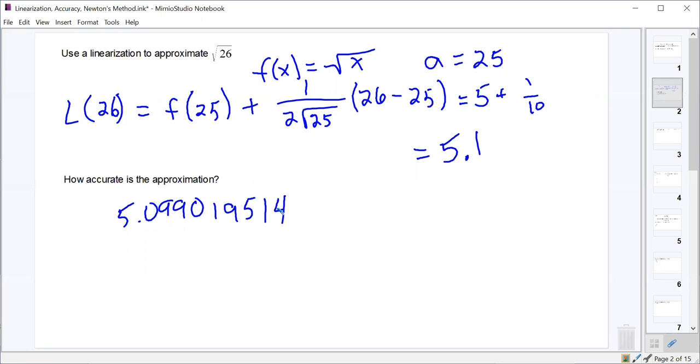4. Yeah. And so if we want to find the accuracy, we'll take that actual value and we'll subtract the value that we got, 5.1, we'll take the absolute value of it. And I believe that comes out to be something like 9.805 times 10 to the negative 4.